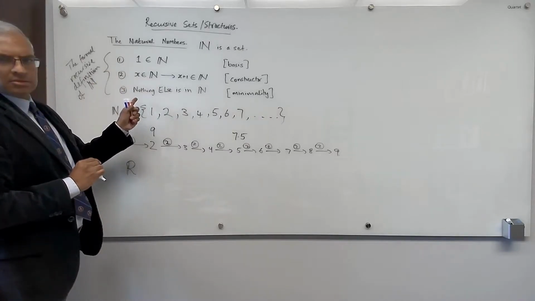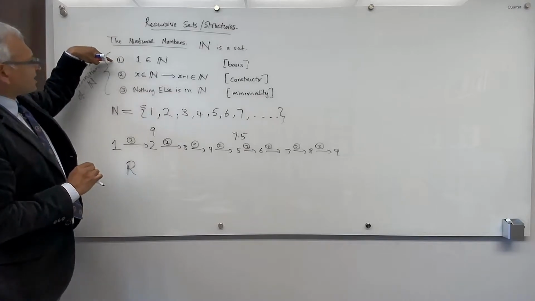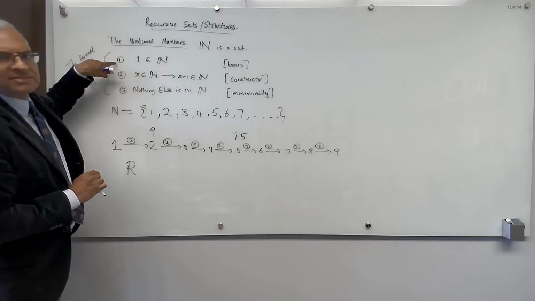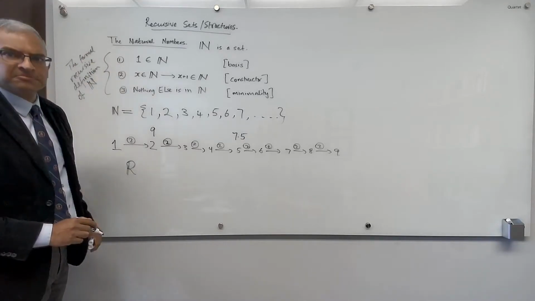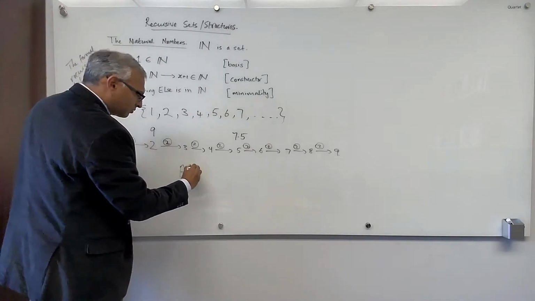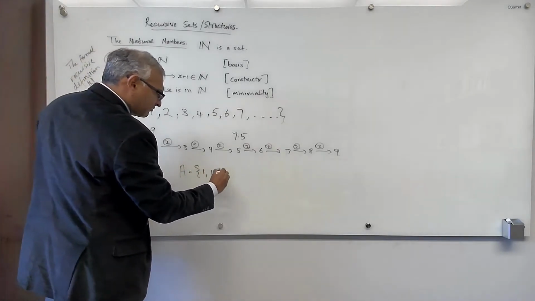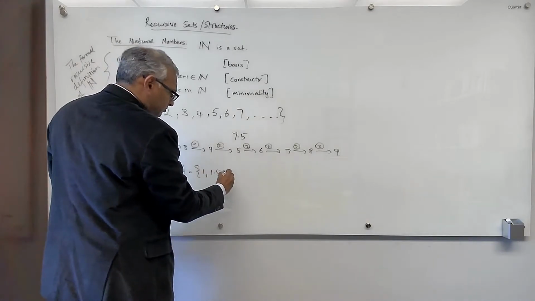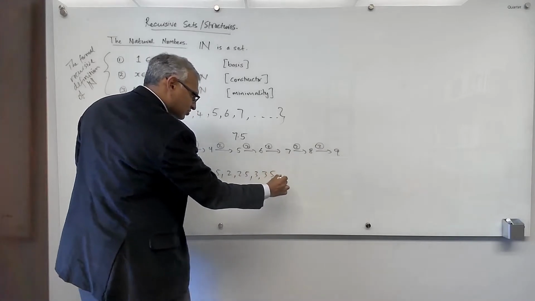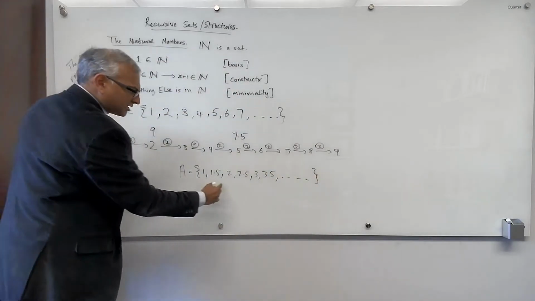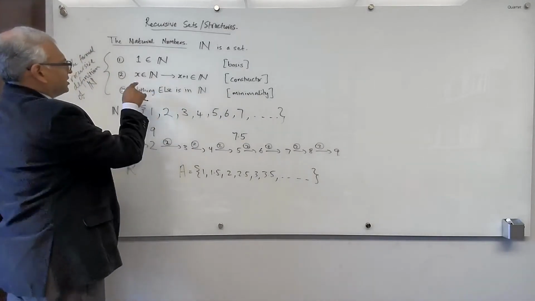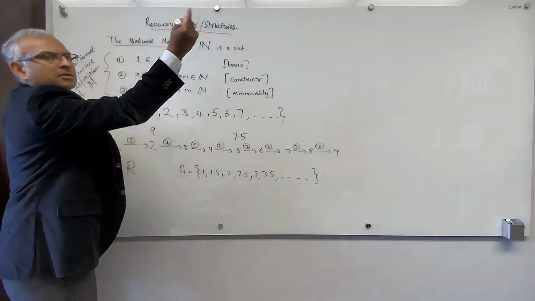Because it's not the set that contains only this element and those elements derivable using the constructor rule from the base elements. It has other things in it. And for the same reason, you can consider this set, let me call this A, equal to 1, 1.5, 2, 2.5, 3, 3.5, and so on. This set satisfies 1 and 2, because 1 is in there, and if something is in here, its successor is in here.